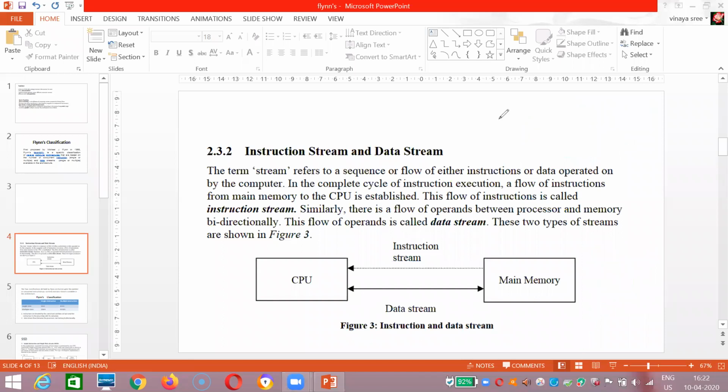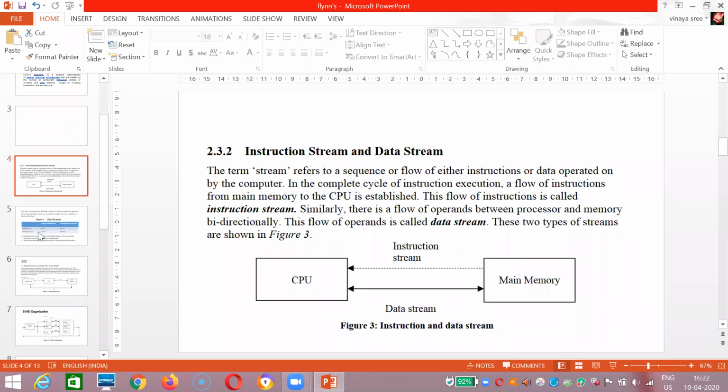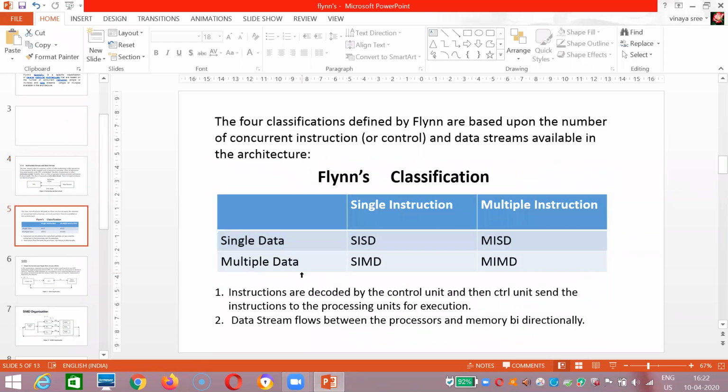Till now I have not started Flynn's classification. Before that, you have to know what we studied previously in the previous units, then you can understand. Okay. So now let me go to Flynn's classification. Here, the 4 classifications defined by Flynn are based upon the number of concurrent instructions and data streams available in the architecture.